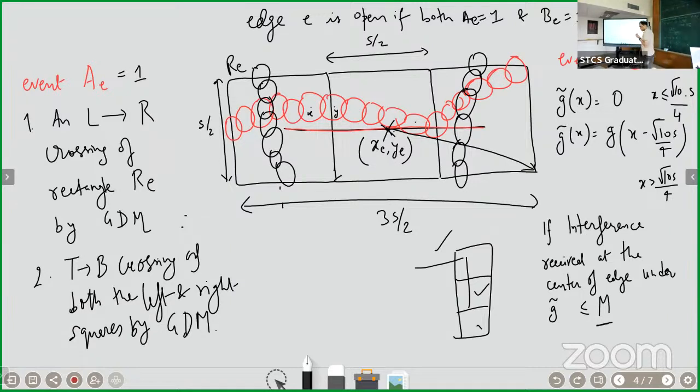Okay, so which event should we handle first? And what is our strategy to show square lattice percolation? That the two sides. One was if P is less than something, there is no percolation, and if P is larger than something, there was percolation. What did we do? We showed something, a particular way of showing. We looked at a dual lattice and said the probability of finding a closed circuit, if that is going to 0, then it means that the connected component... So that's what we essentially do.